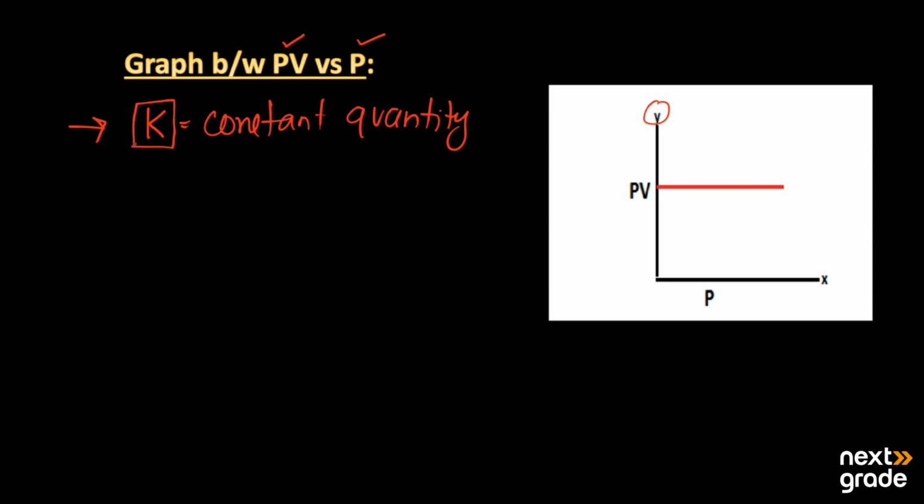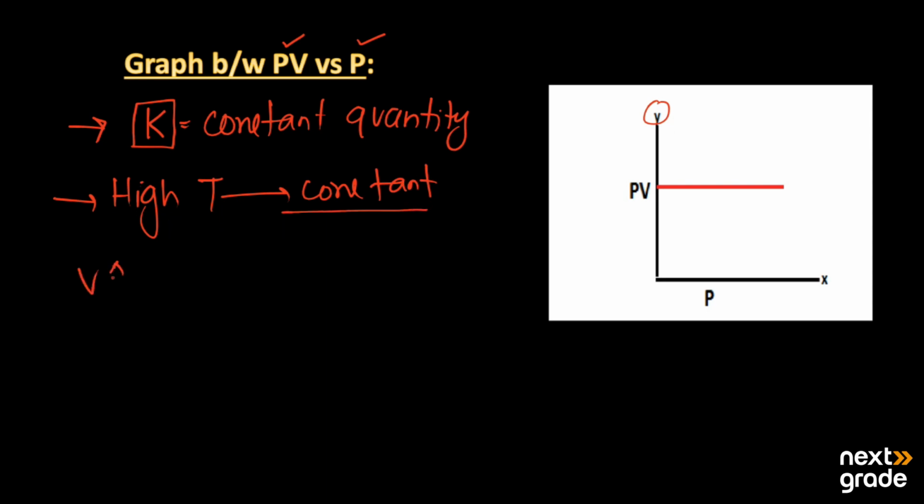When it is a constant quantity, at a higher constant temperature, when we raise the temperature and then keep it constant, the volume of the gas increases and the value of the product of P into V should also increase, or it must remain constant.